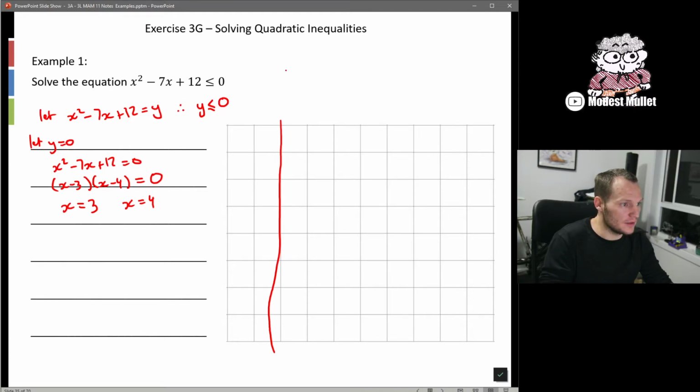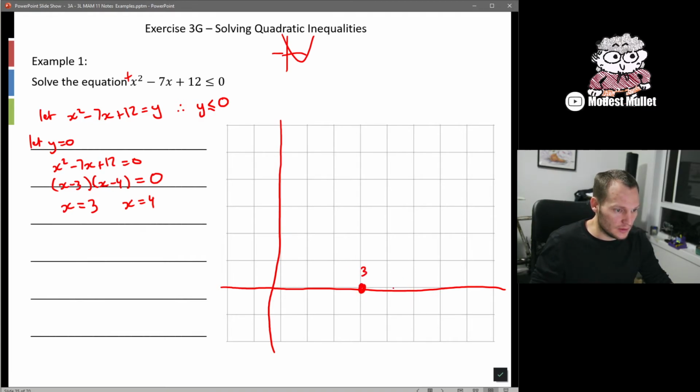So let's put in axes, and the other thing is the positive x squared term, so we know it's going to be a U shape, not an N shape. There, just doing a little sketch. I'm going to call that 3.